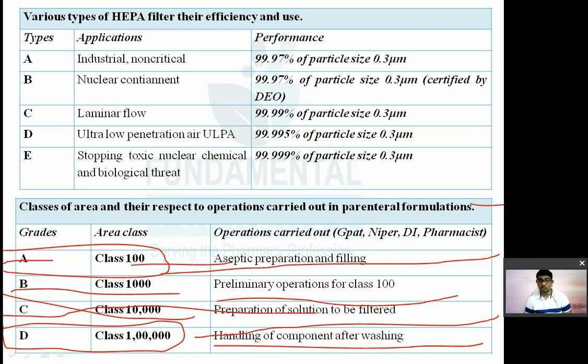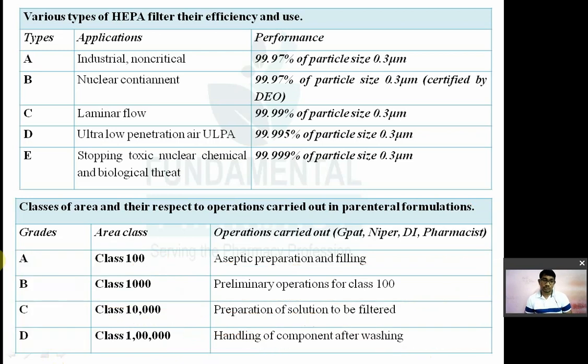Once again I am telling you that questions come on this too. So grade A area means what? Grade A means class 100 area and it is known as a clean room. So what is class 100 area? In this area, not more than 100 particles per cubic feet of 0.5 micron or larger. If it has fewer than 100 particles, it is called grade A area, clean area and class 100.